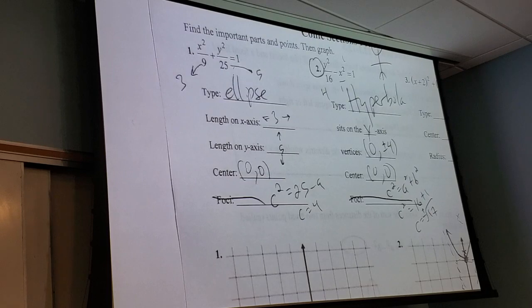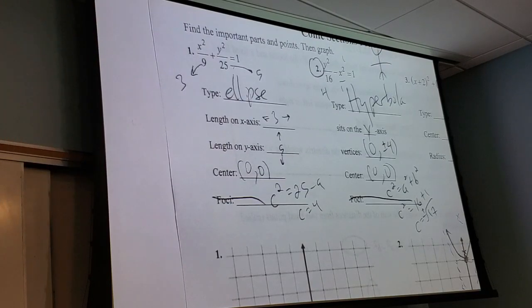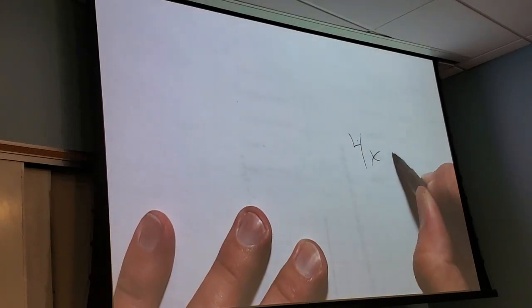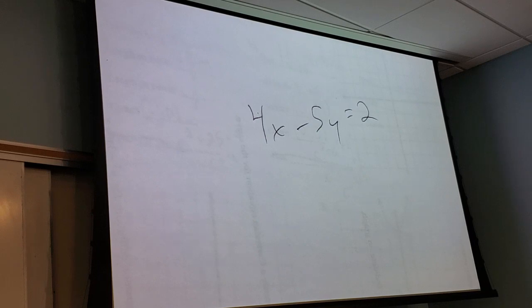So what is it about the form it's given to me that I know I can just pick these things out? For example, if I had a line, give me paper. There, paper. Got a line that looked like this. Are any of those numbers the slope? Are any of those numbers that I see the slope?